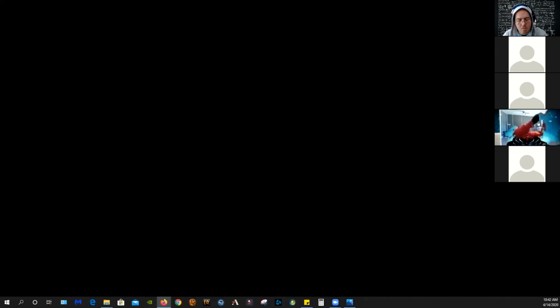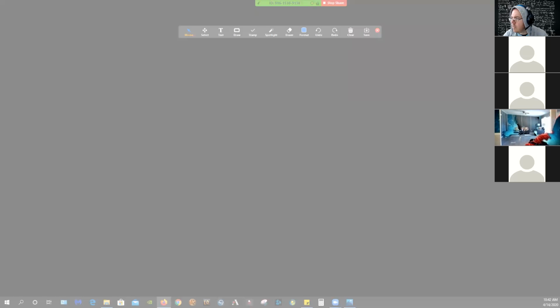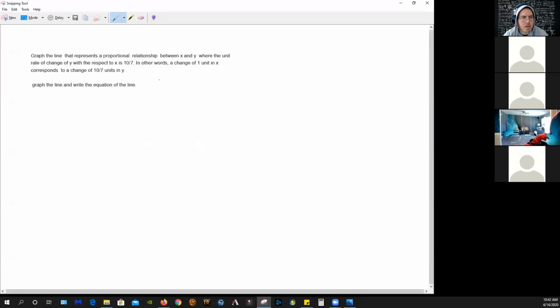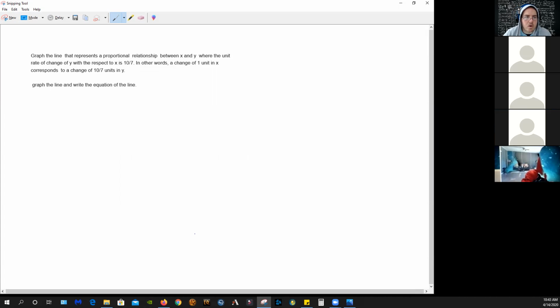I'm not sure if you guys can read this, so chat, let me know if it's just too small to read. Graph the line that represents the proportional relationship between x and y, where the unit rate of change of y with respect to x is 10 to 7. In other words, change of 1 unit in x corresponds to the change of 10 to 7 units in y. Yeah, I can understand why that sounds confusing.